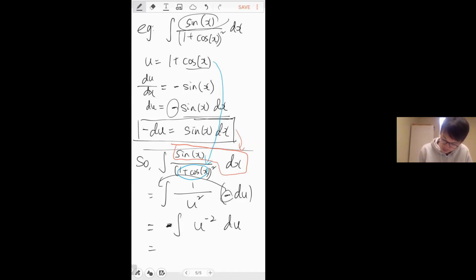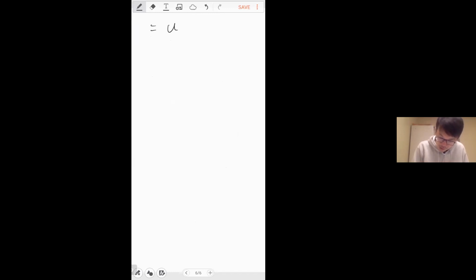So u to the negative second, the antiderivative should be u to the negative second plus 1 divided by negative 2 plus 1. And then you have another negative sign plus c. So if you simplify that, you're going to get u to the -1 plus c.